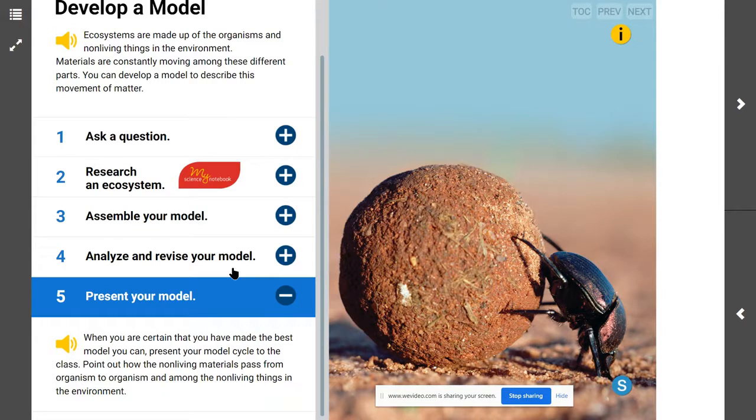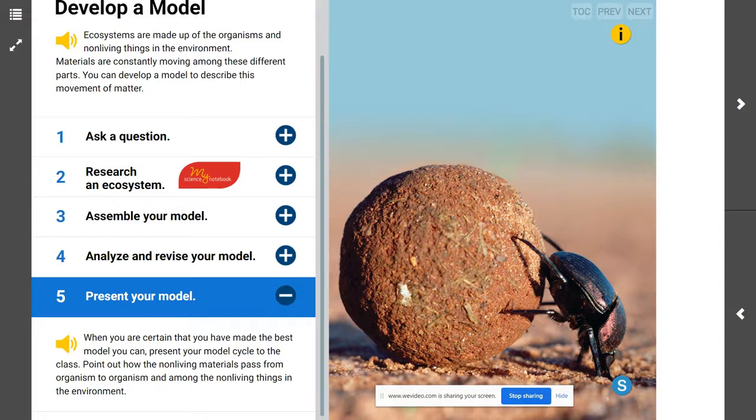Point out how the non-living materials pass from organism to organism and among the non-living things in your environment. When you present your model, you should be prepared for questions like, which cycle of matter does your model represent? Which part of the non-living environment is involved in the nutrient cycle?